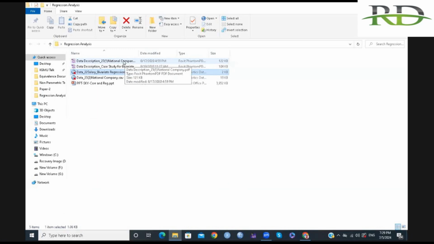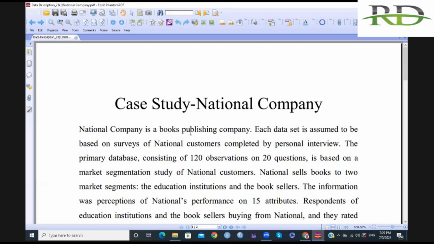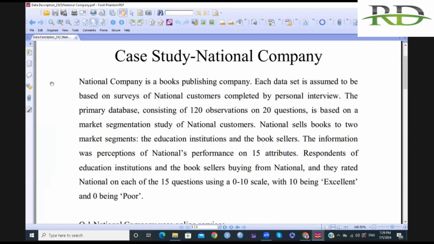Now come to another example with multiple regression. National is a books publishing company. The data set is assumed to be based on a survey of national customers completed by personal interview.